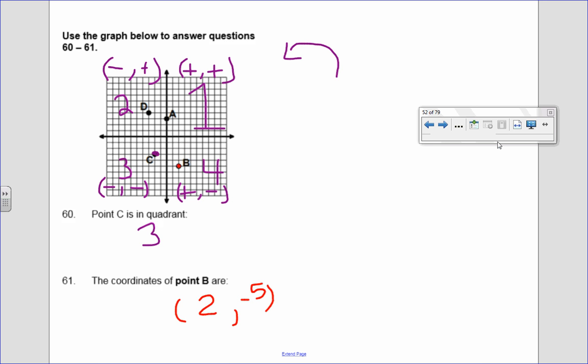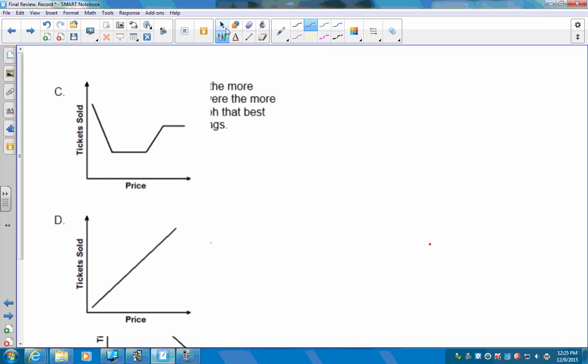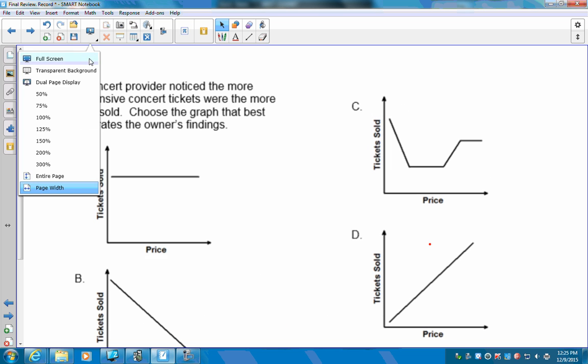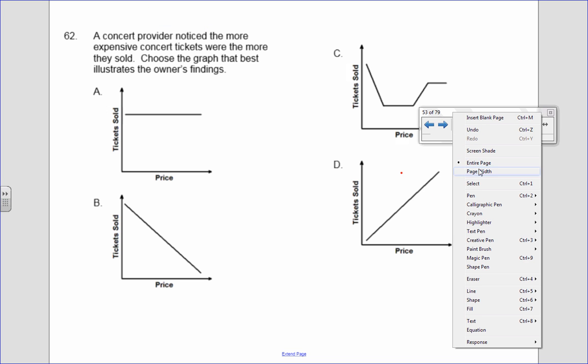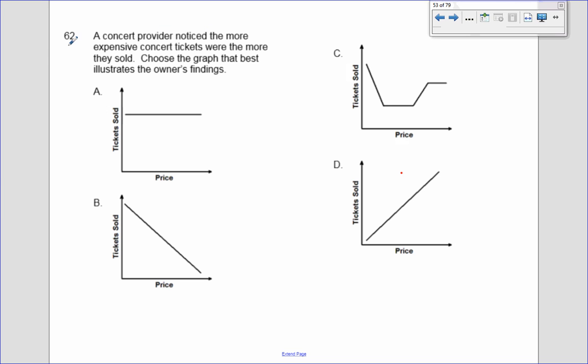And the next one we are doing is number 62. Number 62 asks us to choose the graph that best illustrates the owner's findings, which is that the more expensive concert tickets were, the more they sold.